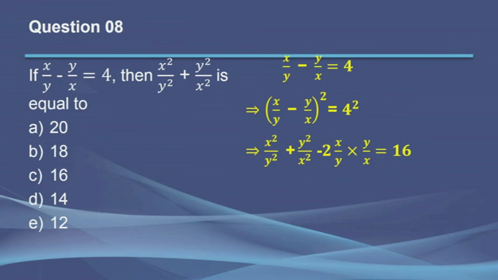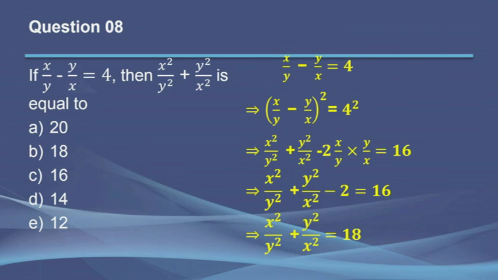The rest of the part, if you closely look at your equation, cancels out. Finally we end up with x squared divided by y squared plus y squared divided by x squared minus 2 equals 16. So here you can add 2 to the 16, and now we have obtained our answer as 18. So we'll mark our answer as B, which is 18.